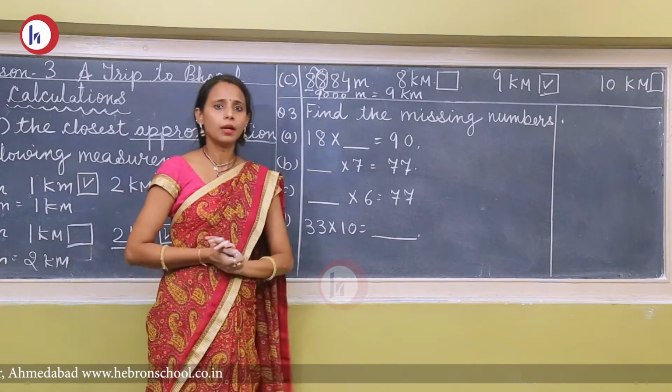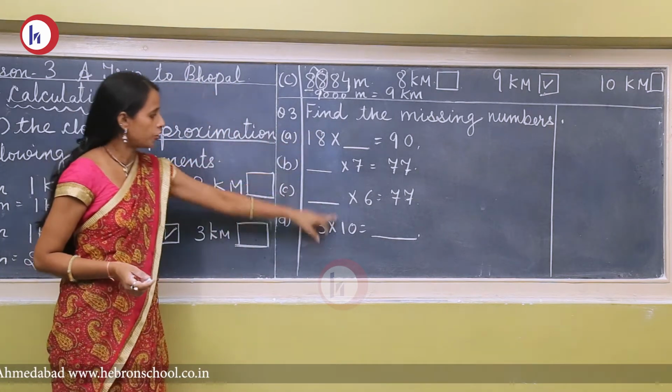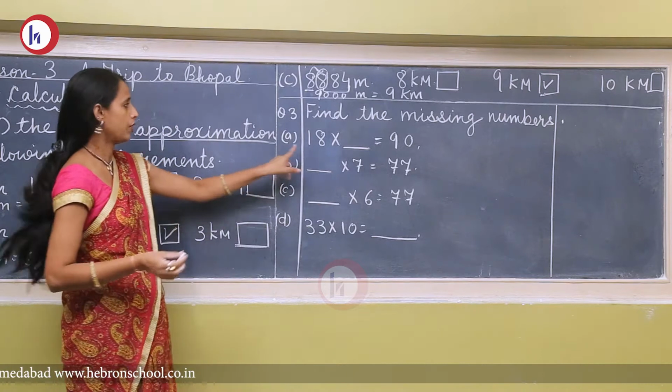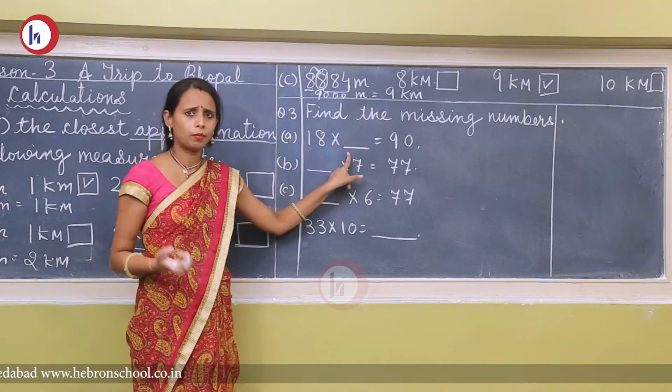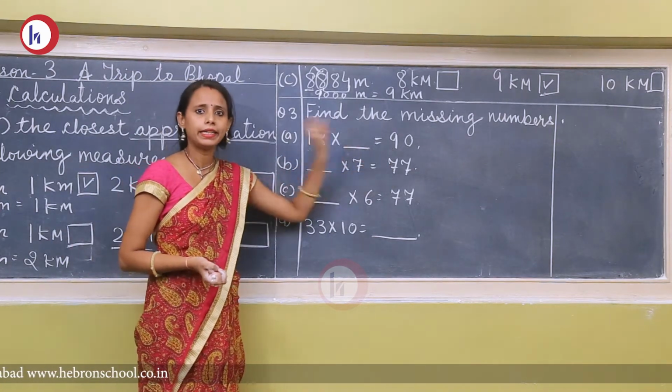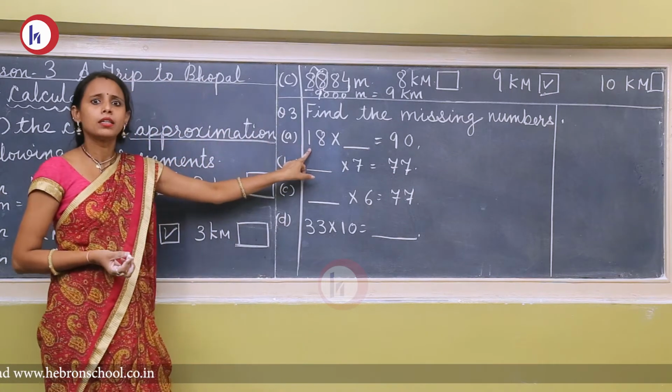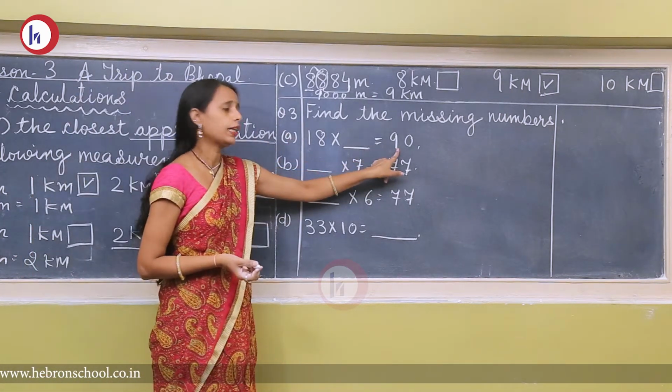Find the missing numbers. Here the questions are in multiplication form. First is 18 multiplied by which number so that we will get 90. Here the first number is given, and the product is also given.